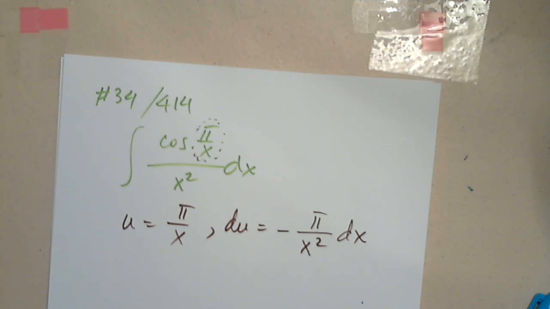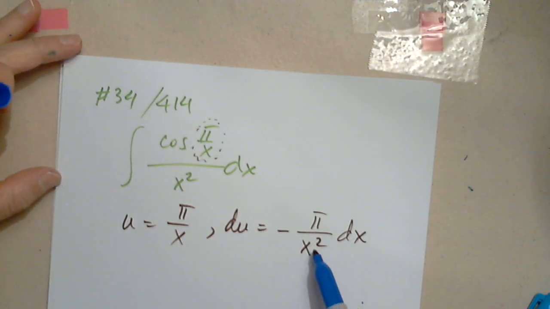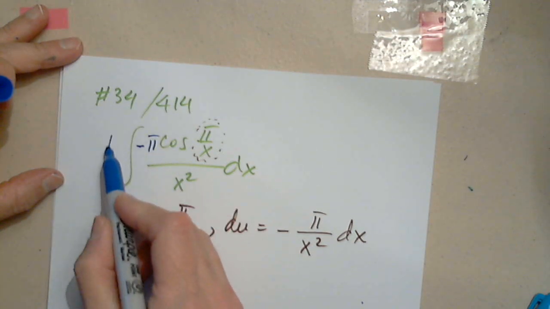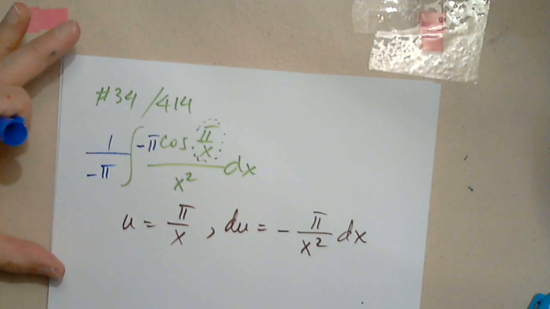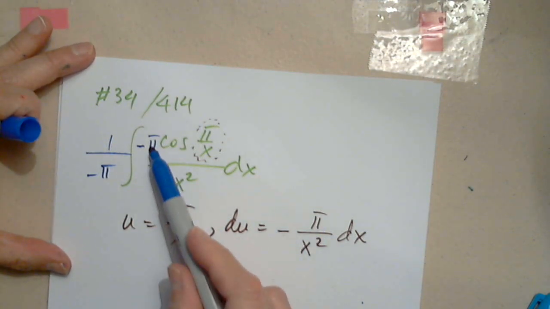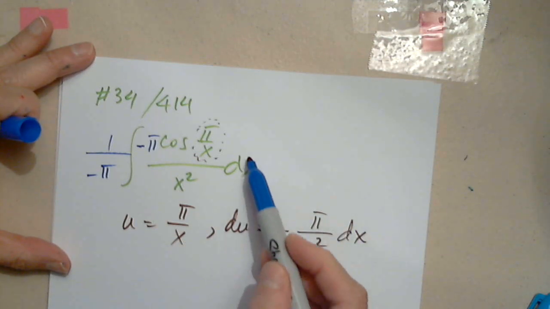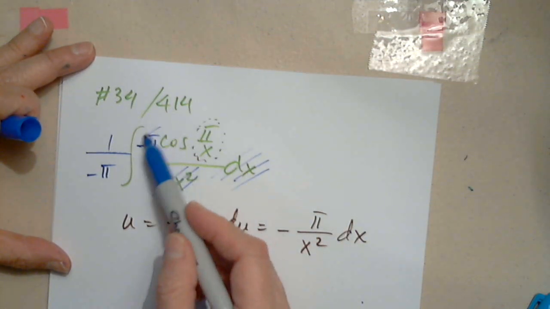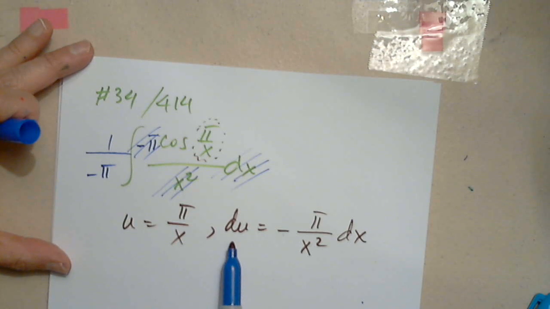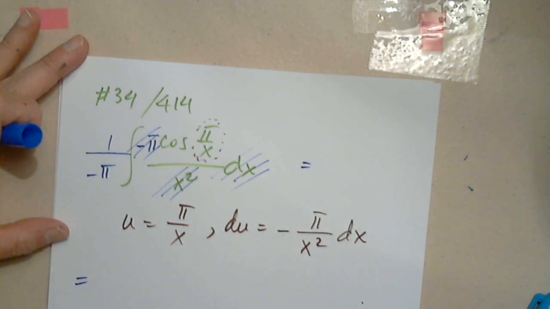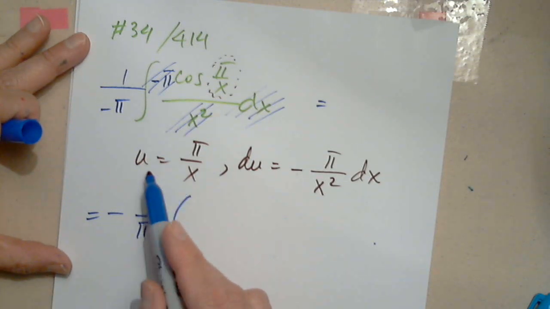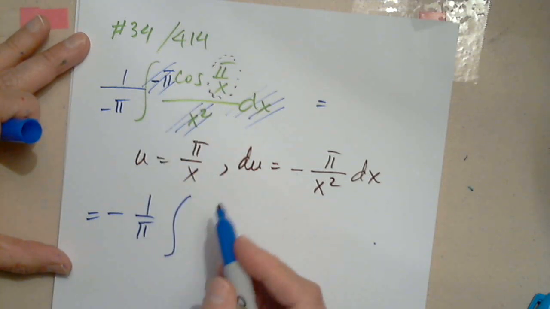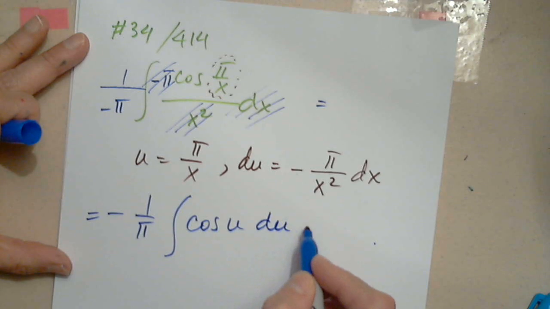So how do I adjust the whole thing here? No big deal. Multiply by negative pi and divide by negative pi. Very simple situation. So negative pi over x squared dx will be replaced by du, yes, with a negative 1 over pi in front. The integral of cosine u du.